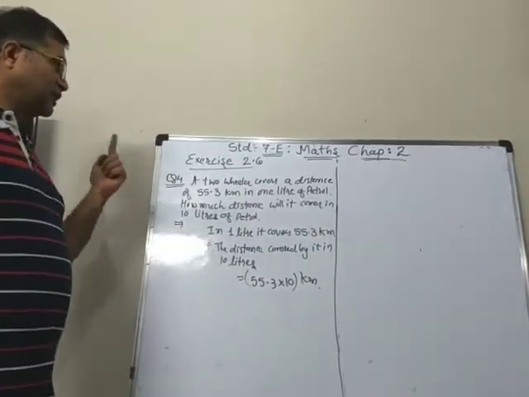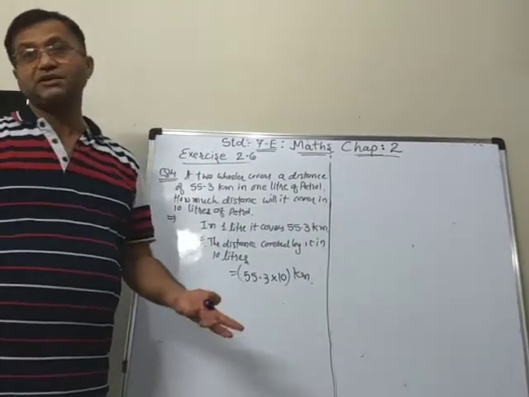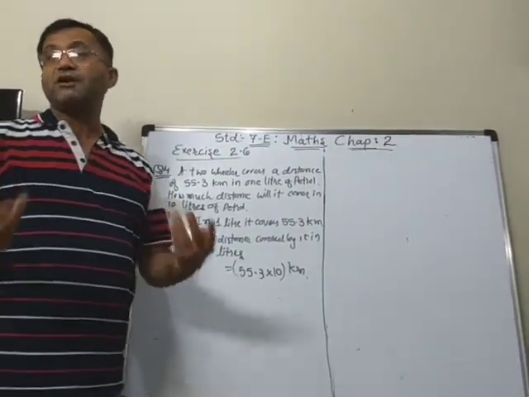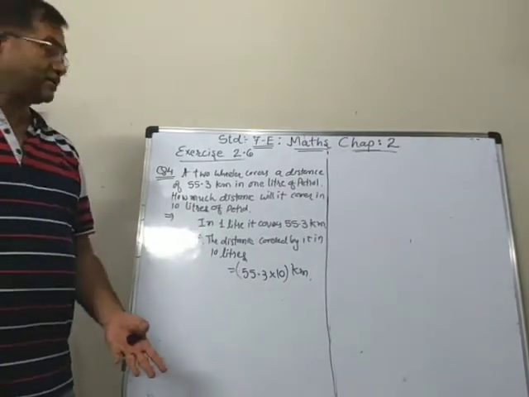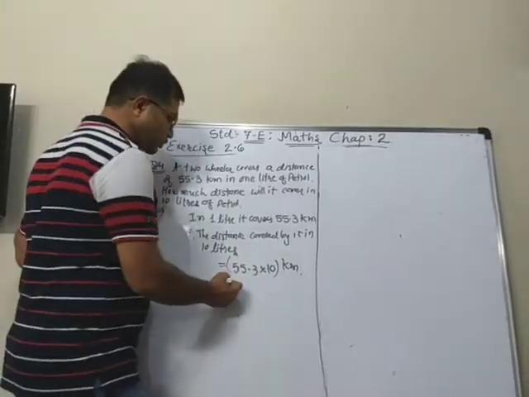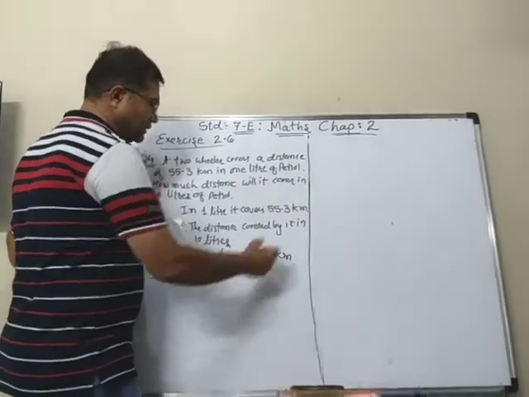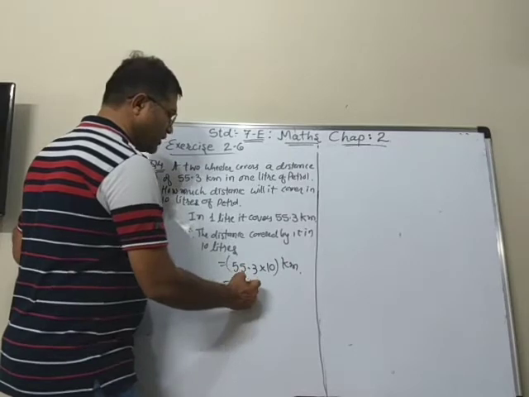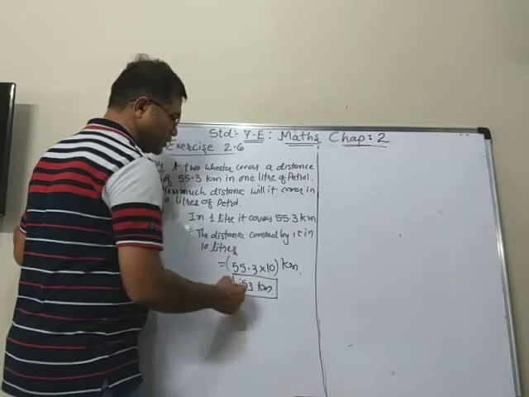Because per 1 liter it can go 55.3, means 10 liters, means 10 times, means we have to multiply by 10. So now when we multiply by 10 it is easier. Just we have to move the decimal point 1 place to the right. So it is equal to 553 kilometer.